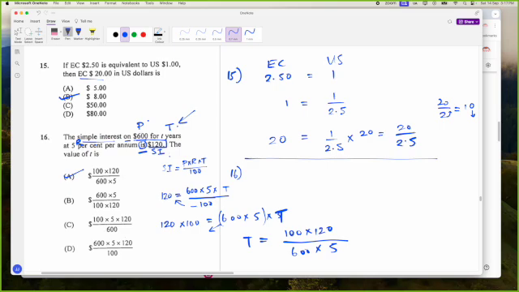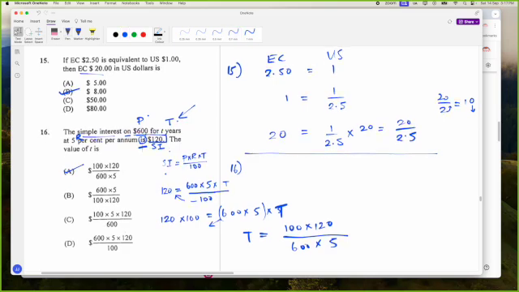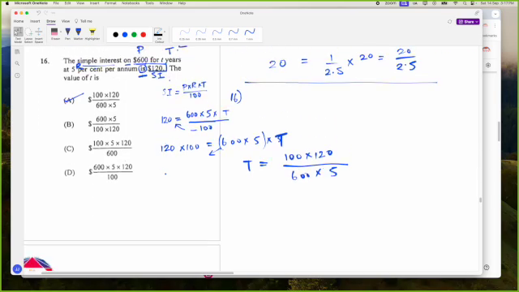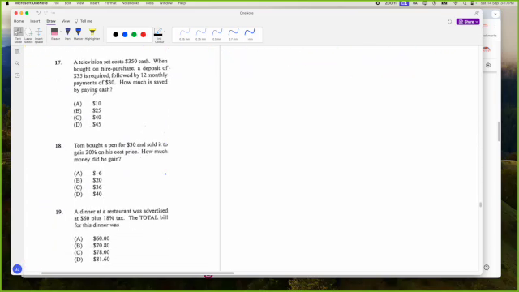Nice. So you had to make T the subject of the formula. In your exam, you will not get a question on subject of the formula. No, you'll get a question on simple interest, and you're going to have to make something the subject of the formula. So that is a skill that you have to have. Transposition is a skill. All right?